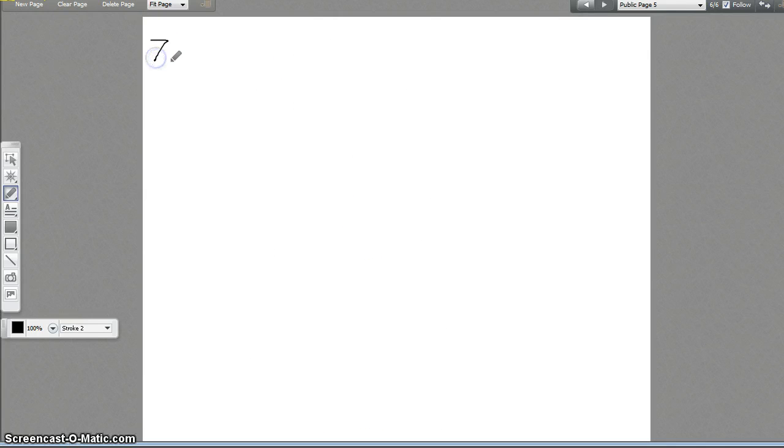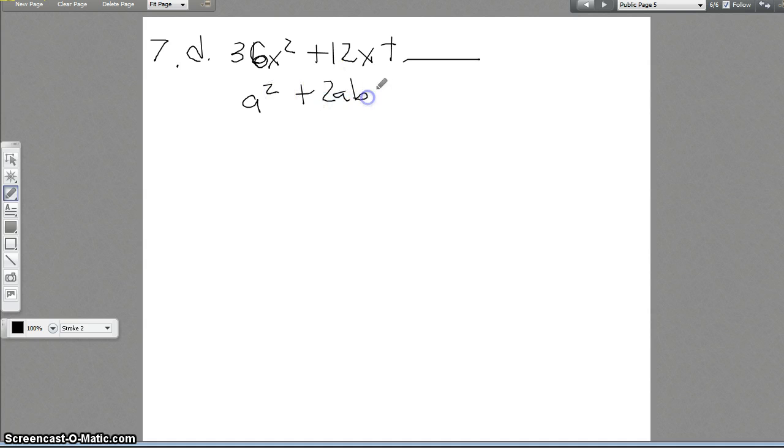Okay, the last one we're going to look at is number 7, part D. That one is 36x squared. I'm sorry, I keep making my 6's look like b's. 36x squared plus 12x plus something. We have to figure out what goes at the end. Again, we have a squared plus 2ab plus b squared. So we're trying to figure out what is b. Well, our a squared is 36x squared.